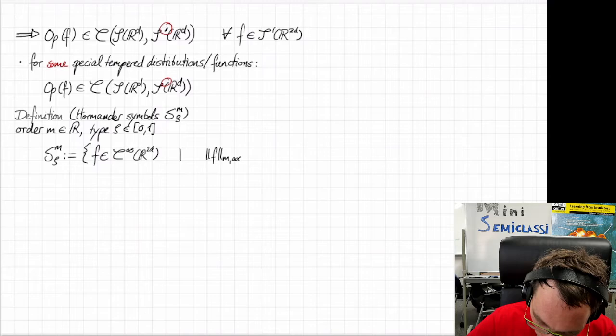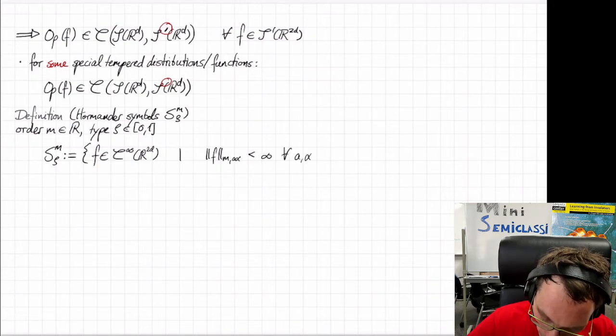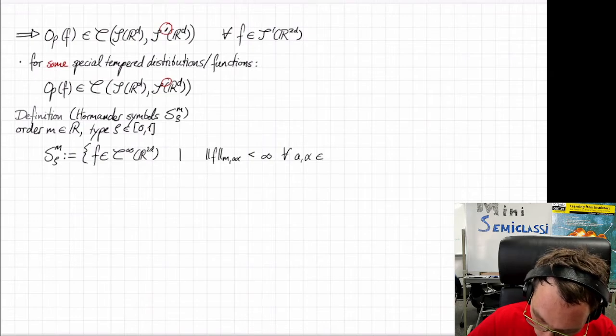And the seminorms depend on the order, but also on the multi-indices a and alpha.